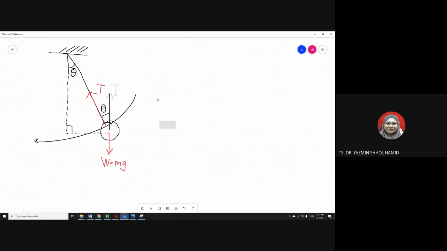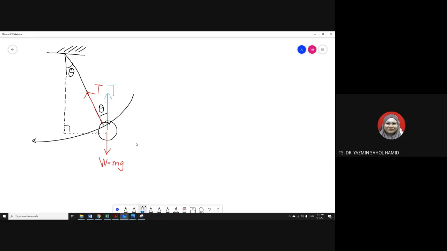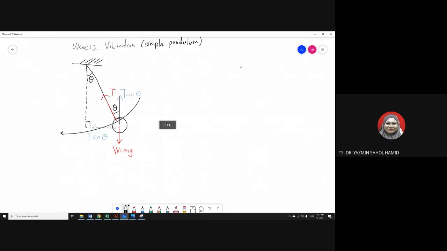It will be T cos theta, and if you resolve it in the x direction, it will be T sin theta. So it will be T cos theta and T sin theta. Now, for the topic vibration simple pendulum, we're going to use the method of Newton's second law. And everybody knows Newton's second law is force equals ma.